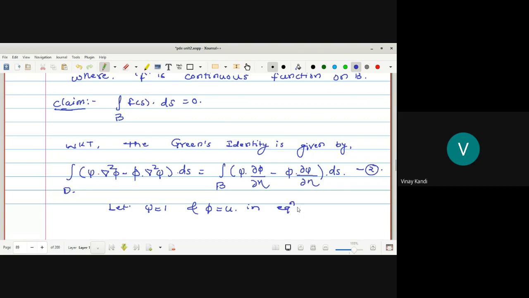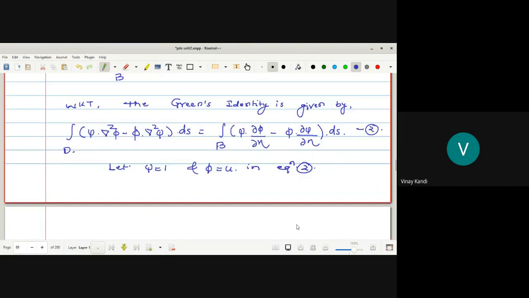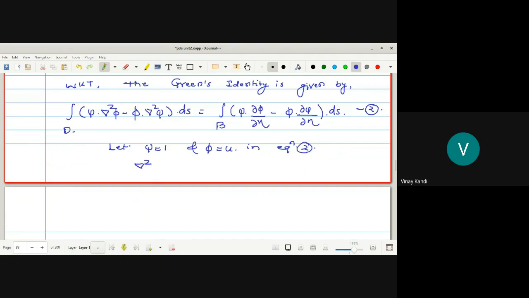If I take psi equal to 1, what will come? del square psi, how much will it be? 0. Differentiate with respect to x, differentiate with respect to y and add, what is the value? It will be 0. And ∂psi/∂η, how much will it be? Differentiate this with respect to η, it will be 0. So this term will also be 0, and this term will also be 0.